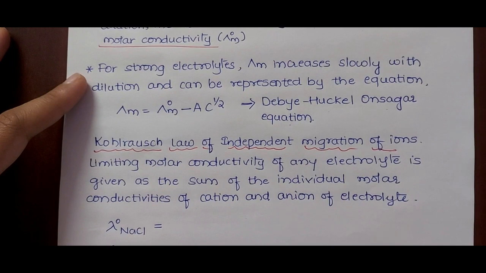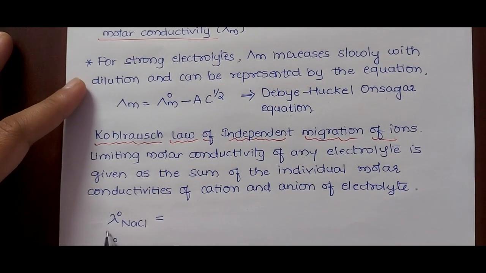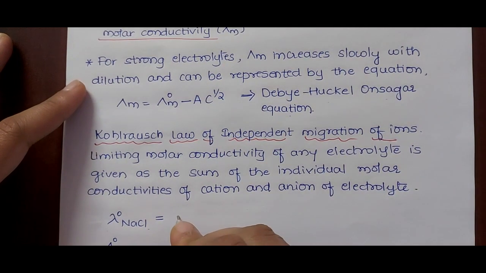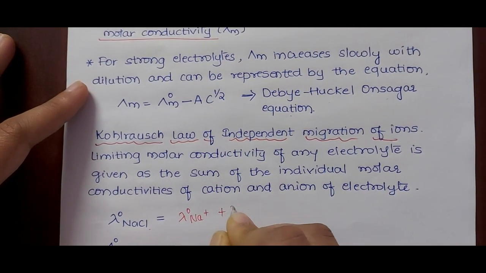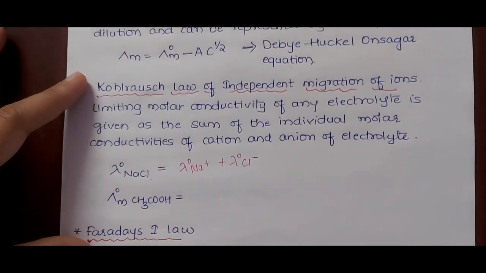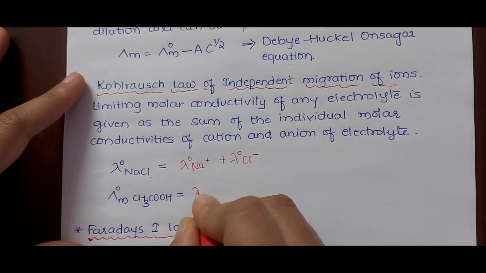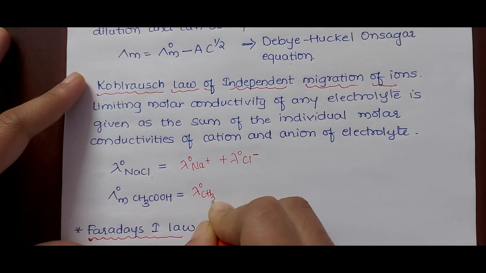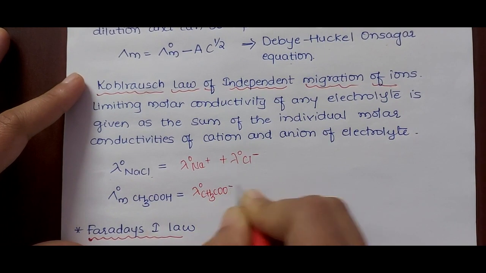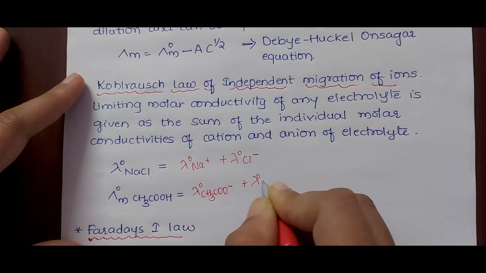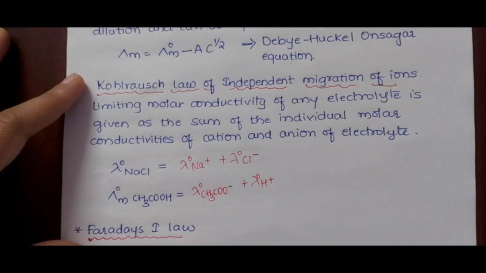So if we want to calculate the limiting molar conductivity of NaCl, we can calculate it as lambda naught of Na plus plus lambda naught of Cl minus. Similarly, for acetic acid, we can calculate it as lambda naught of CH3COO minus plus lambda naught of H plus.